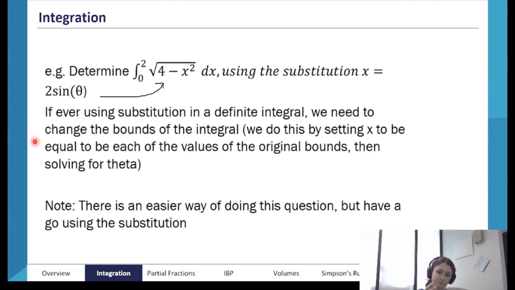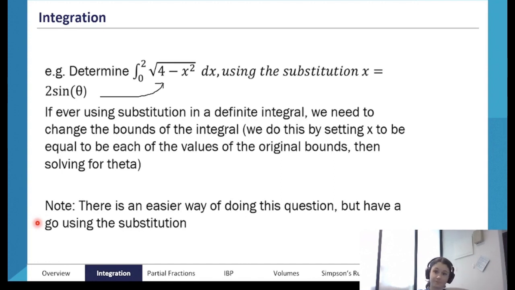So, we'll get into how this is done on the next slide. And just as a quick note as well, there is an easier way of doing this question, which you might have recognized if you've gotten a little bit farther into integration, and particularly all the different functions and trig functions that we can integrate. But we're going to have a go using substitution just because it's a good exercise.